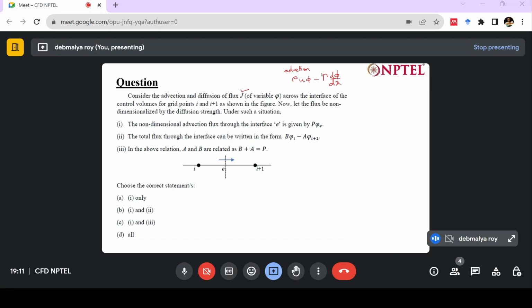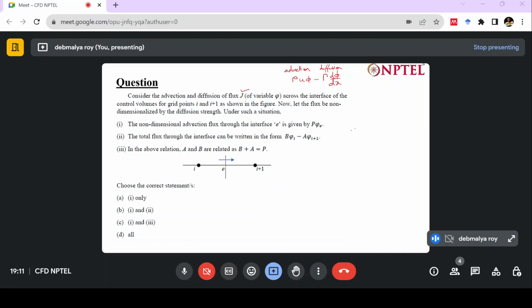If there is a discrepancy in phi, we might regard it as concentration, temperature distribution, or any other thing. If there are gradients, the diffusive term will try to smoothen out those gradients. So these are the two terms because of which there is a transport of this variable phi across an interface.